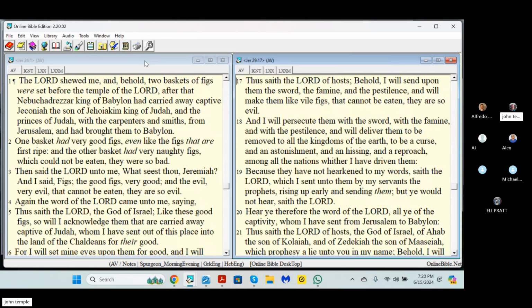And then 24:1, he says, the Lord showed me, and behold, 2 baskets of figs was set at the temple of the Lord. We read this already. And there was 1 basket had very good figs, even the figs that are first ripe. And these are the ones that went to Babylon or stayed behind in Jerusalem.